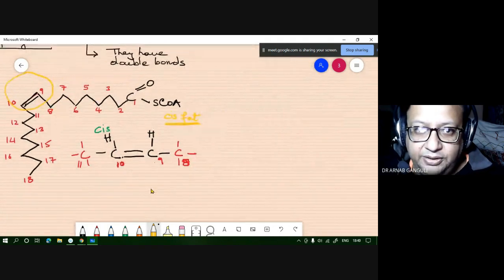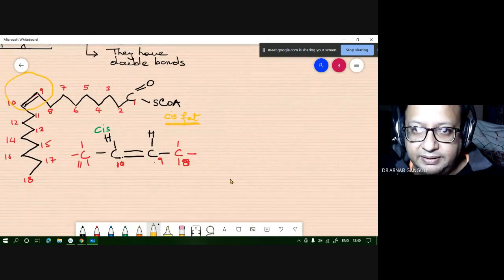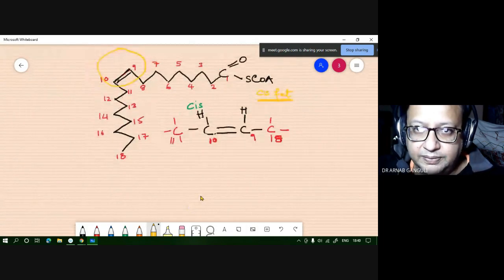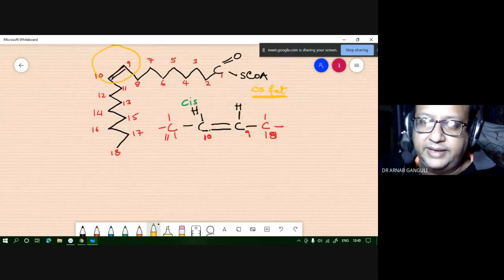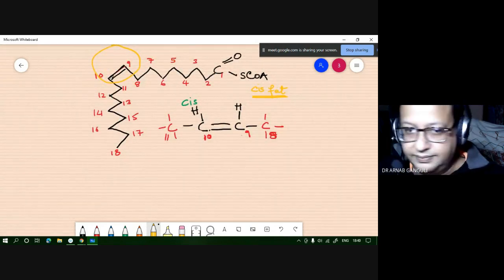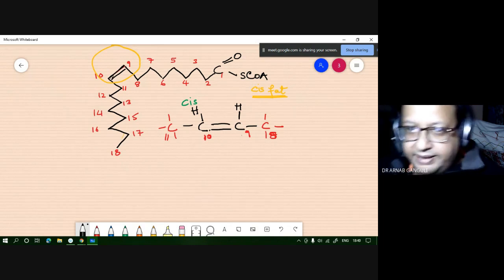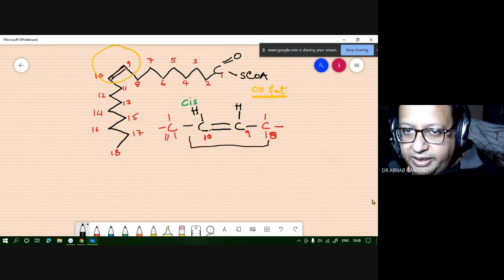Now, parallel to this, let's draw it from the top. This is a trans fat. Now, let's draw the same fat. We are having this conformation here. Now, what if it is like this?